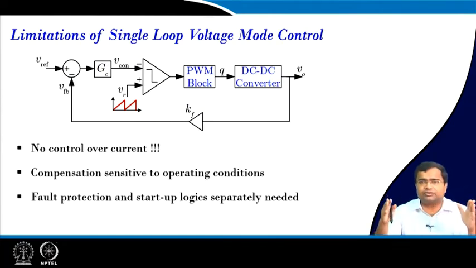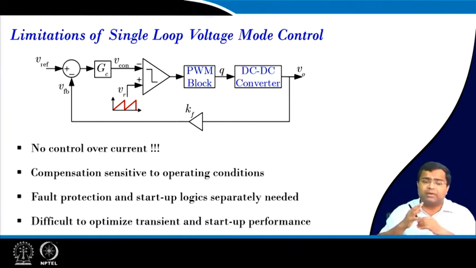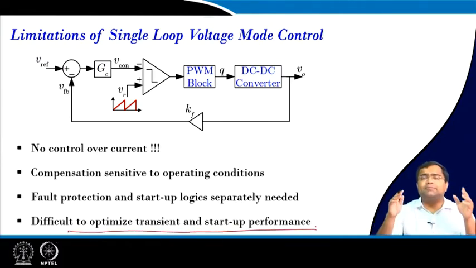So, you need to make sure the current should not go out of the safe limit, and this kind of single loop control may be difficult to optimize transient performance, but this statement is applicable for small signal. If you go for large signal, you can even achieve the fastest response using single loop control. So, these are all design perspective, and we are mostly talking about the small signal based design.